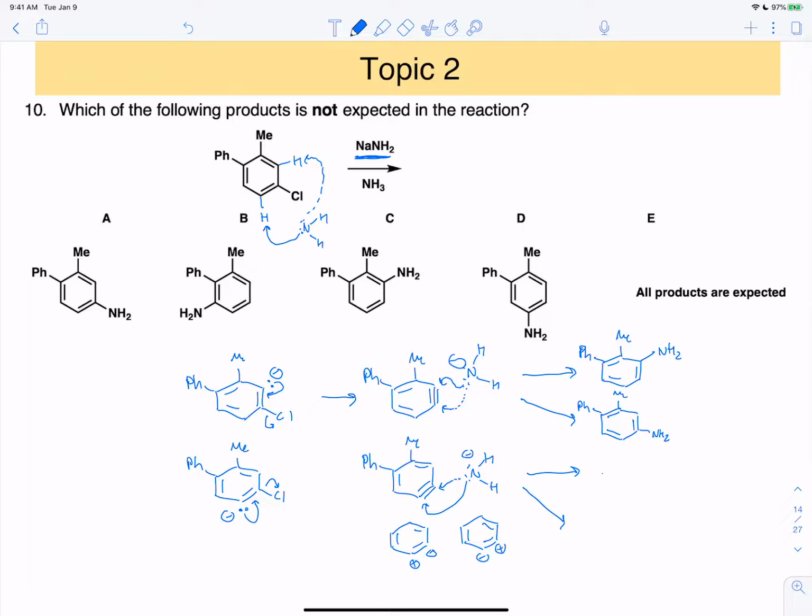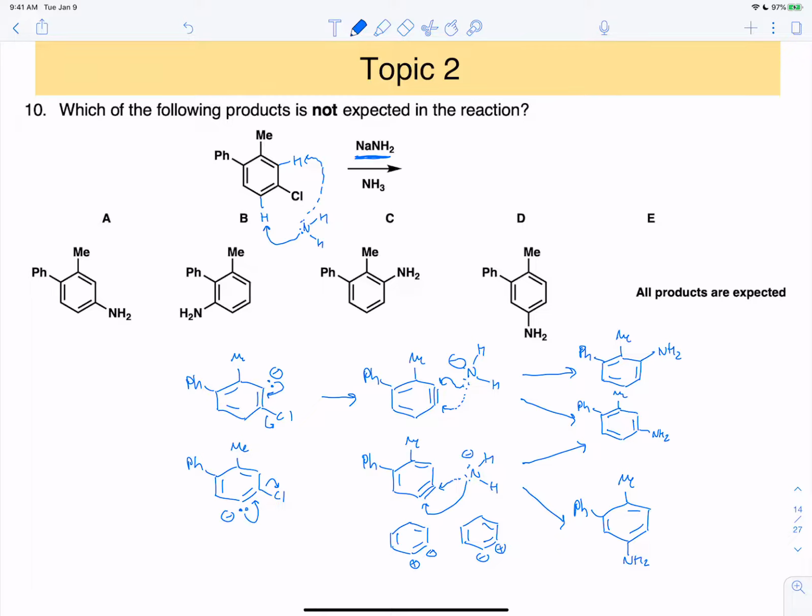This could attack its relative top carbon. And you'll notice that we probably don't even need to draw out another structure. It's going to go to the exact same one again. But if it attacks the lower carbon, we will in fact make a unique product distinct from the other two. And these are the 3 options of what you hypothetically could make.